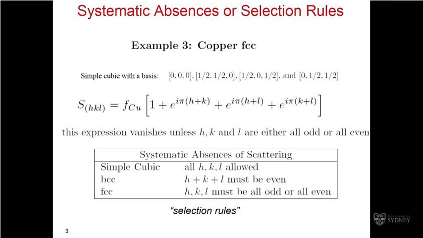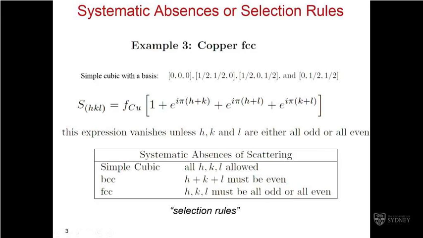We found that to get a non-zero intensity, we had to have H plus K plus L be even. We just did that when we came in. And now for the face-centered cubic, we have learned that H, K, L must be all odd or all even in order to get a non-zero intensity. And these are called selection rules. Okay.